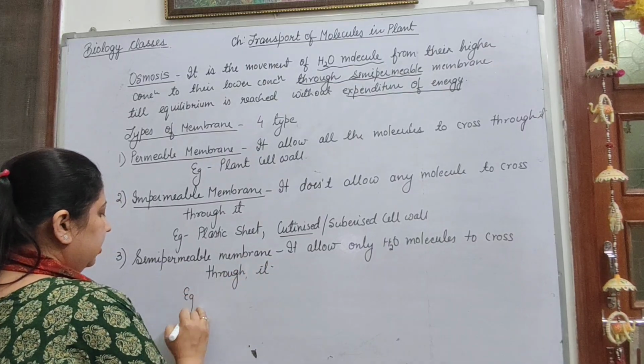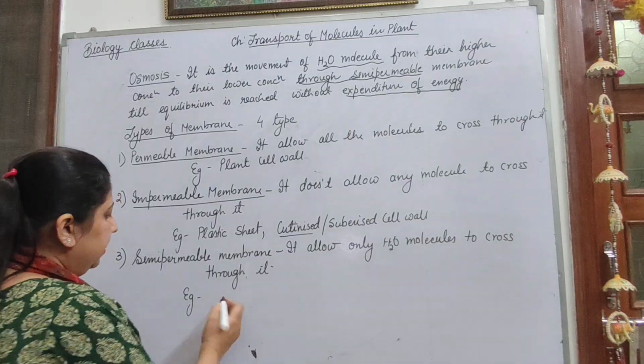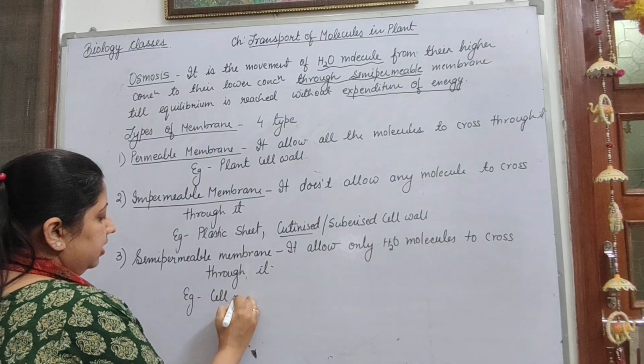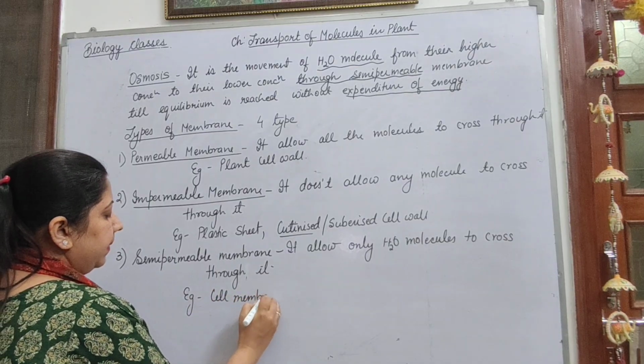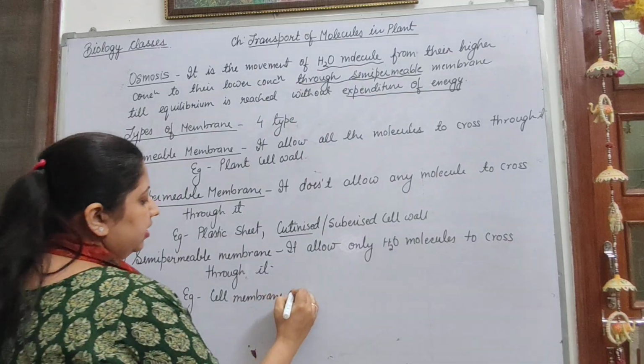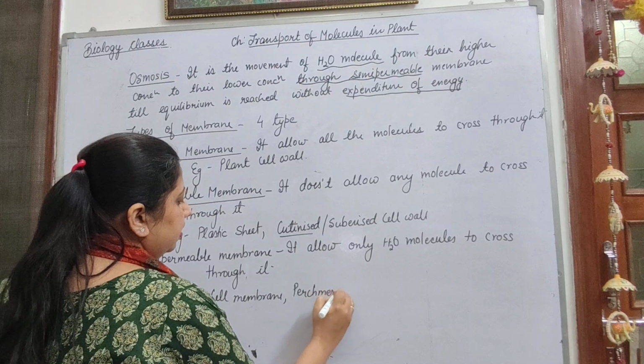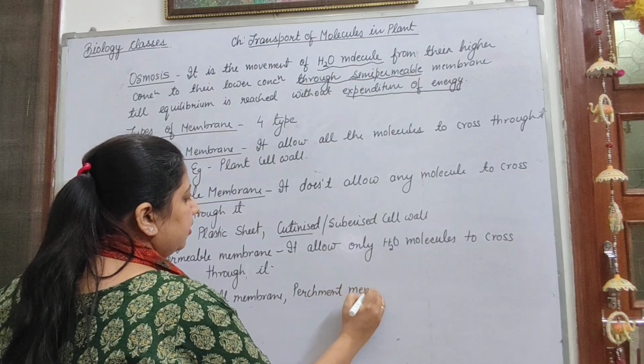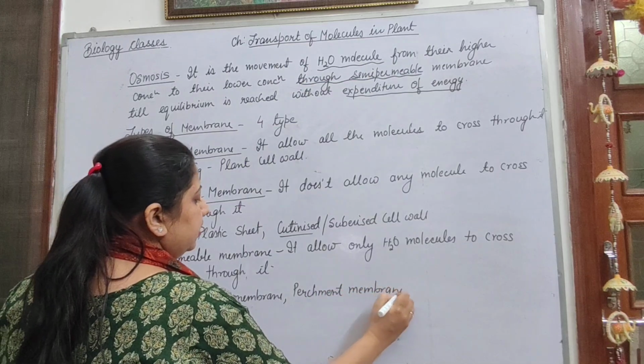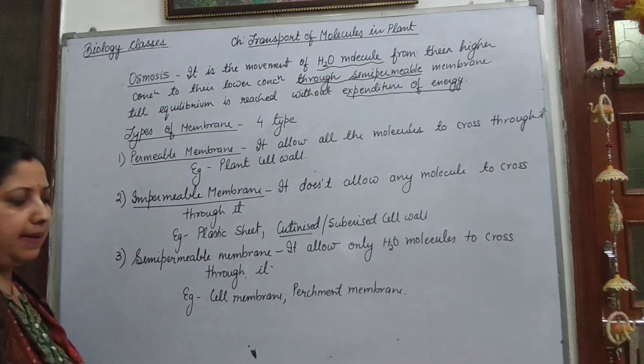If we talk about examples, one is the plasma membrane or cell membrane. The second one is the parchment membrane. Many examples are there, but these are some important examples.